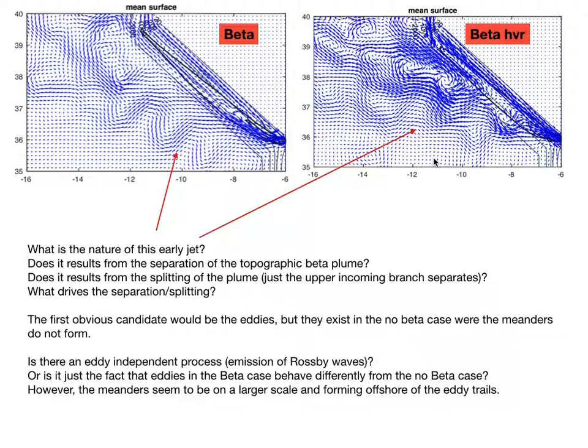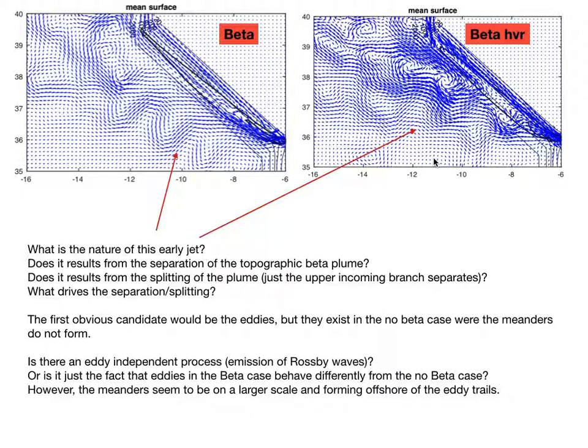Kida 2008 advocate in their paper that the generation of the cyclonic beta plume is associated with topography. It's because of the topographic beta effect, but because of eddies, this beta plume separates from the topography, from the shelf, and generates a planetary beta plume.